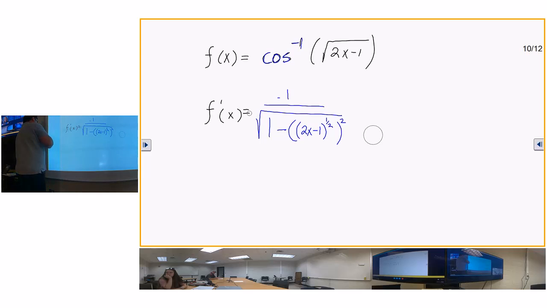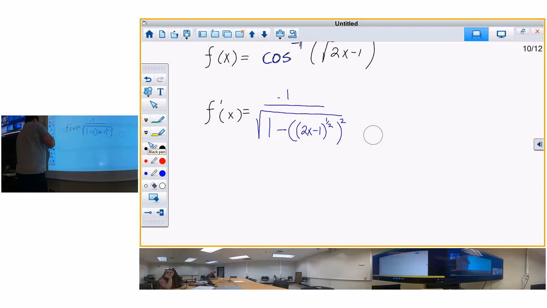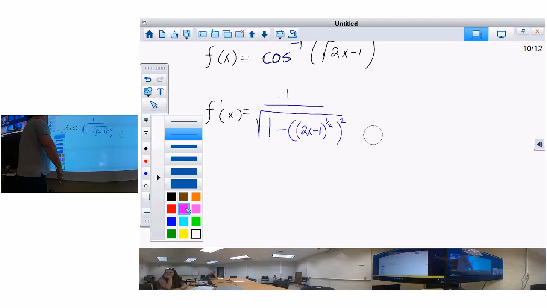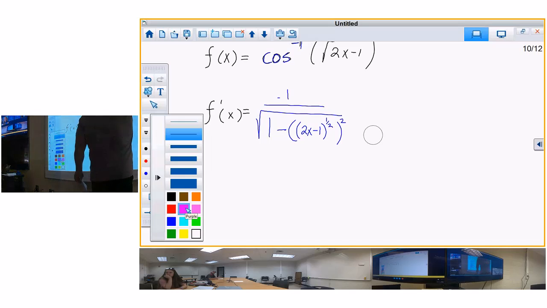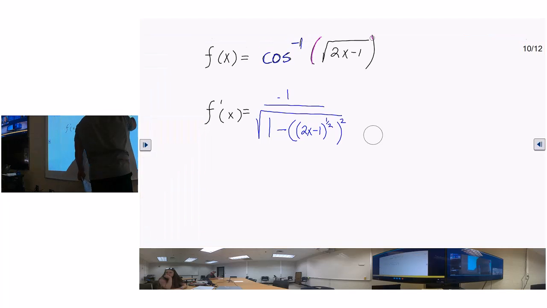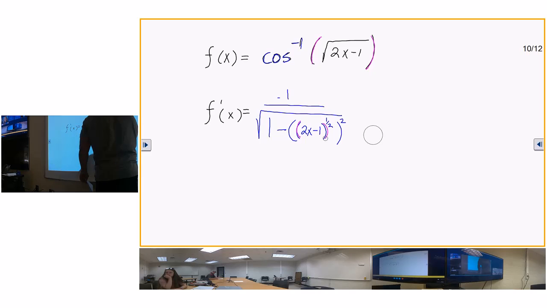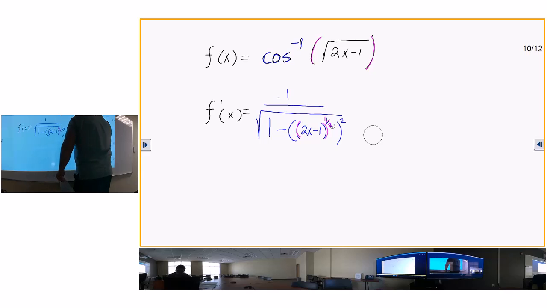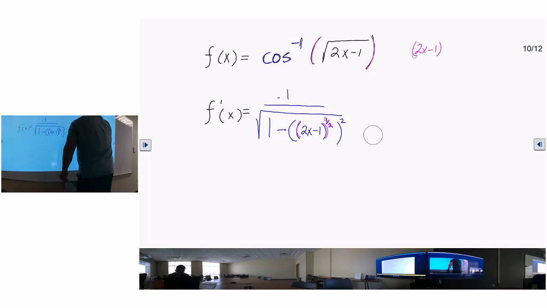Now I'm going to write this in magenta. It's going to clash, but it'll be all right. This right here is 2x minus 1 to the 1/2 power.